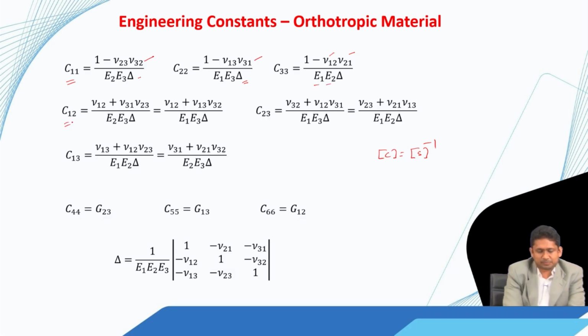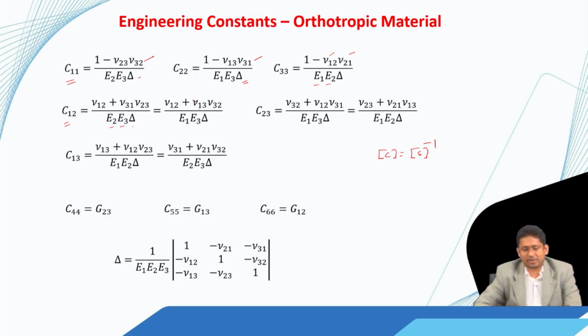Now, C12 is (nu12 + nu31 nu23)/(E2 E3 delta), and this can also be written as (nu12 + nu13 nu32)/(E1 E3 delta). Now, the question is how can I write this? That is where the relation between nu31 and nu13 comes into the picture.